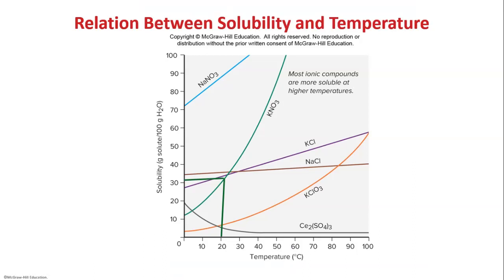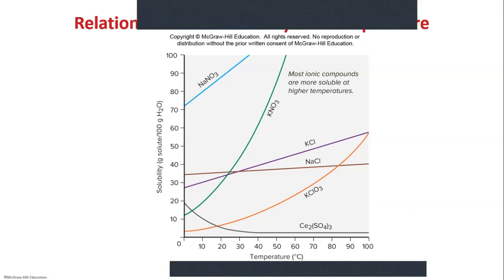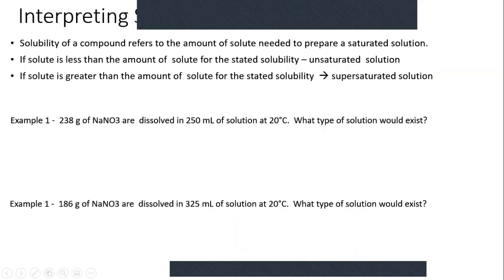So again, we approximated that the saturated solution is 32 to 35 grams of solute. You get that from the graph. So we want to know what type of solution would exist if we put 238 grams of sodium nitrate in 250 milliliters of solution.